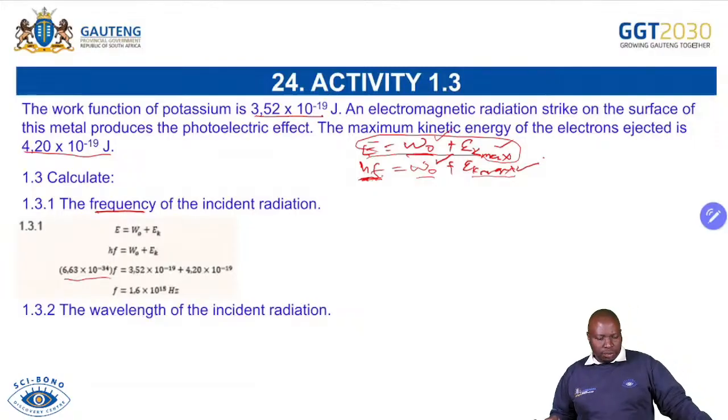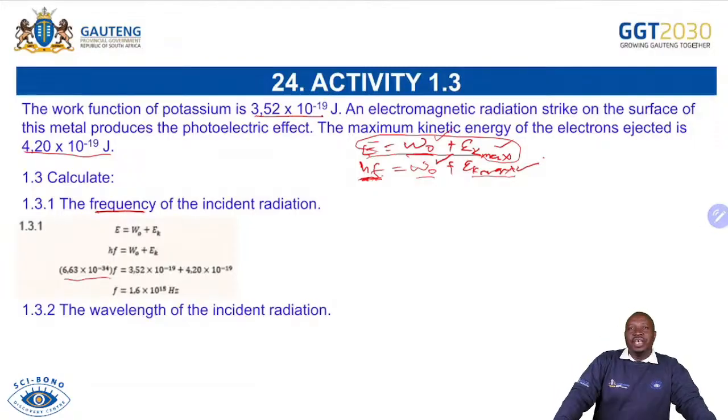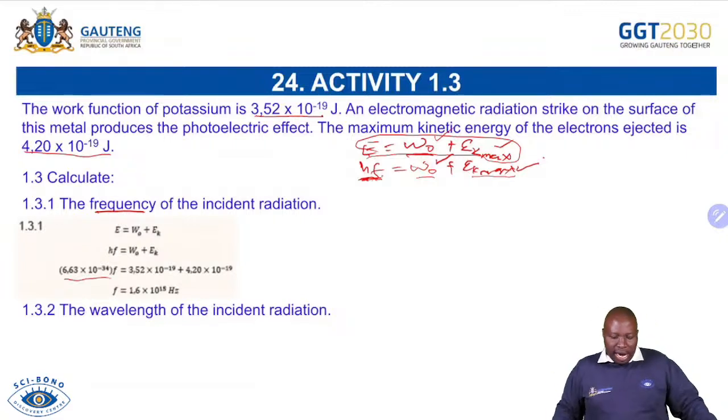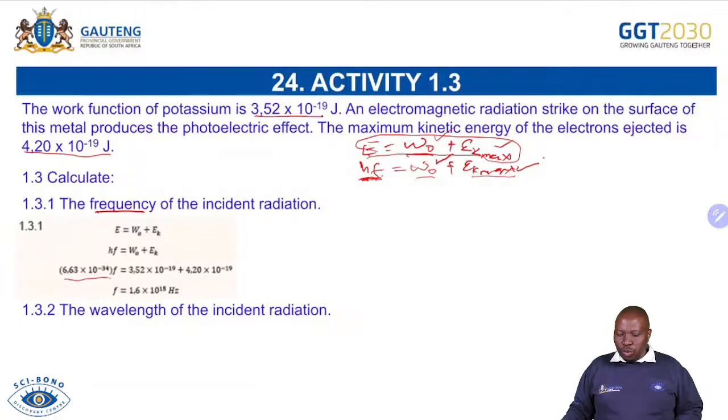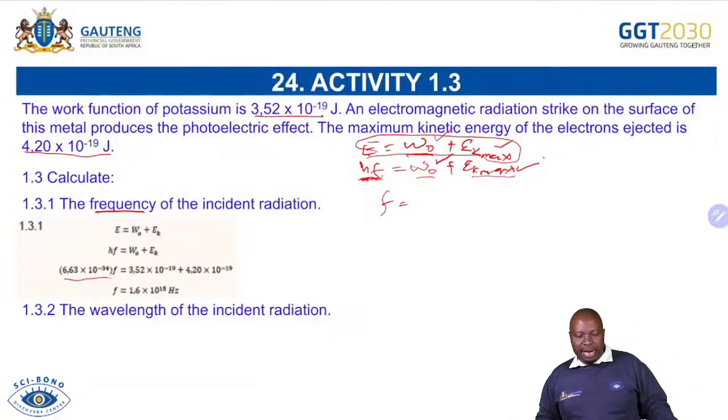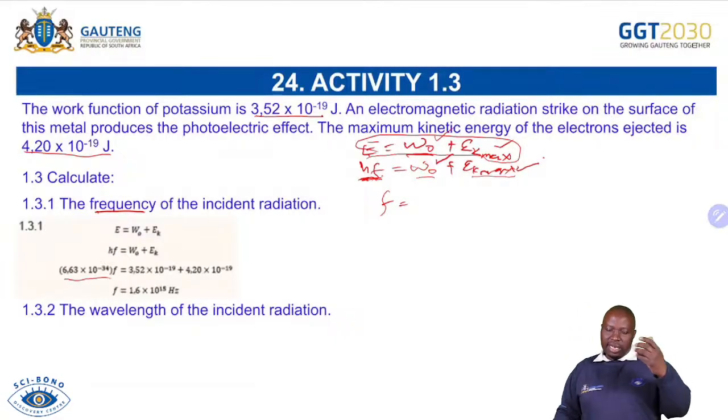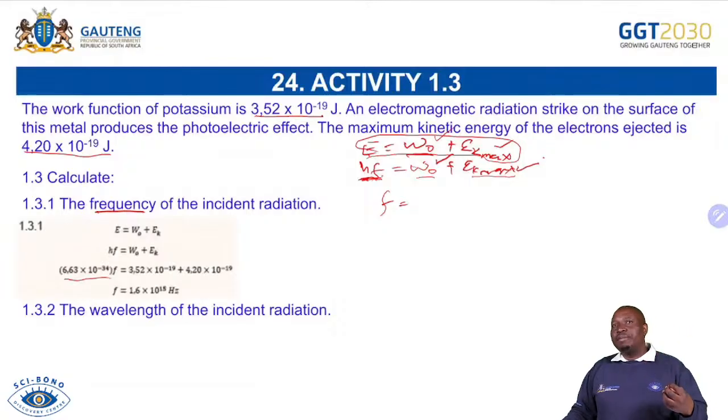Now, the wavelength of the incident radiation. Now they are saying, calculate the wavelength of the incident radiation. So you know the relationship already. When you know frequency, you know the relationship now: c equals f lambda. That relationship definitely is going to help you, because now we're looking for lambda, which is your wavelength.